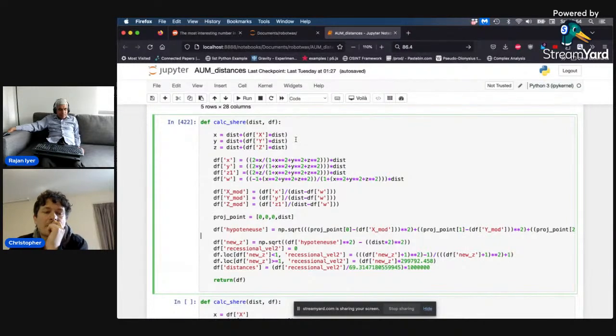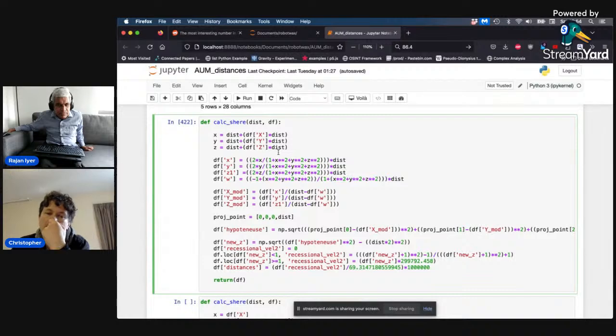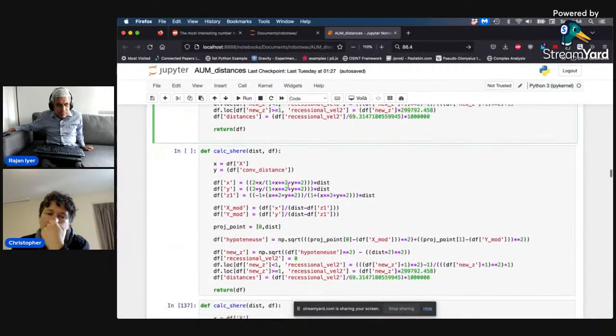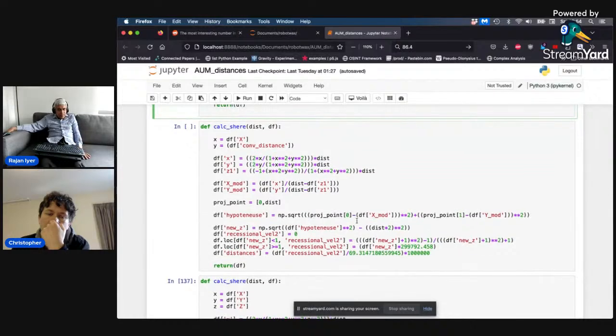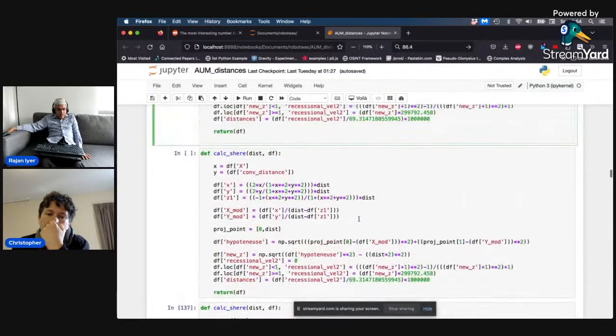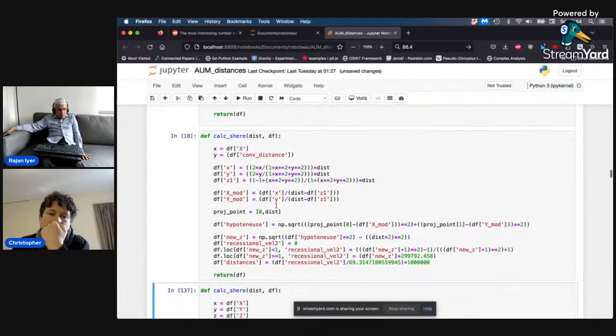So effectively what we're going to do in this function is take the Cartesian coordinates and modify them by the distance. Maybe this is the one. Let's try running that.